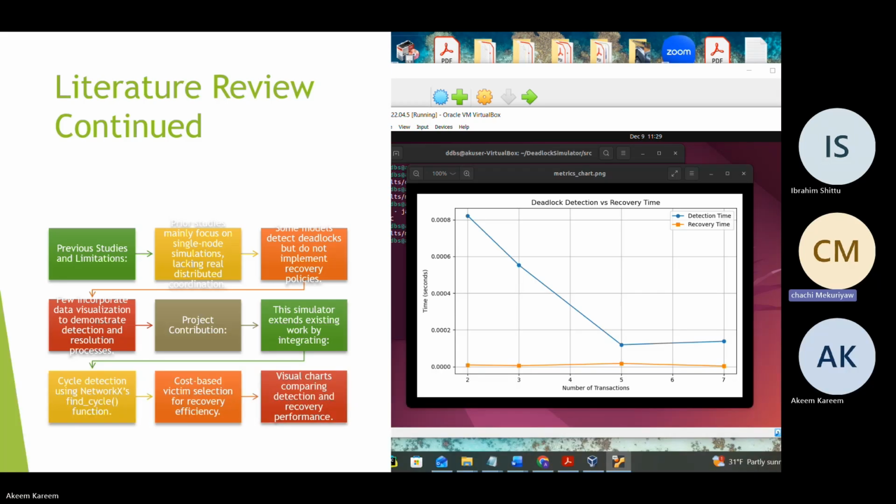Our project addressed these gaps. First, we integrated cycle detection using NetworkX's built-in find_cycle function. Second, we incorporated cost-based victim selection. And finally, we provide visual performance charts like the example shown here, which compares detection time and recovery time across different transaction loads. And Hakim is going to take from here.